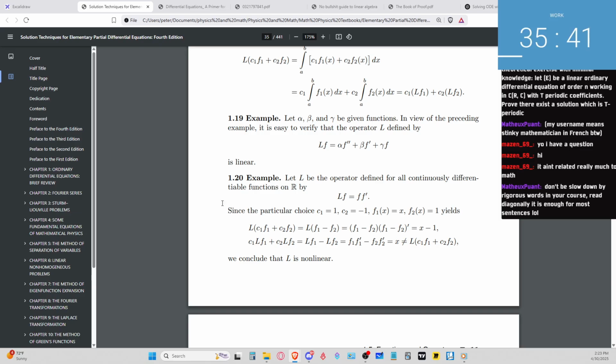So where were we? Oh yeah, alpha, beta, and gamma be given functions in view of the preceding example. And for all those that are new, if you see me reading, you can still put stuff in the chat and I'll read it. Even though they're considered study sessions, I think of it as working on a problem and you guys are like a desk near me.